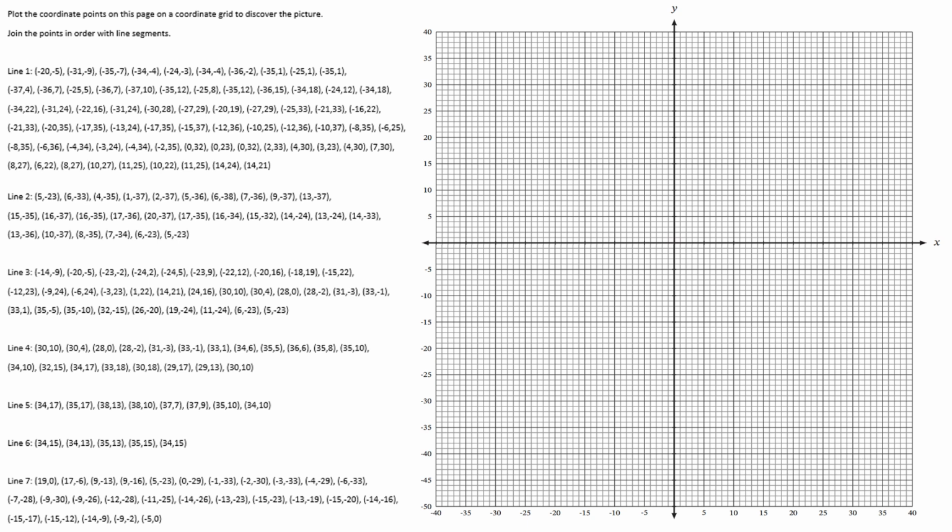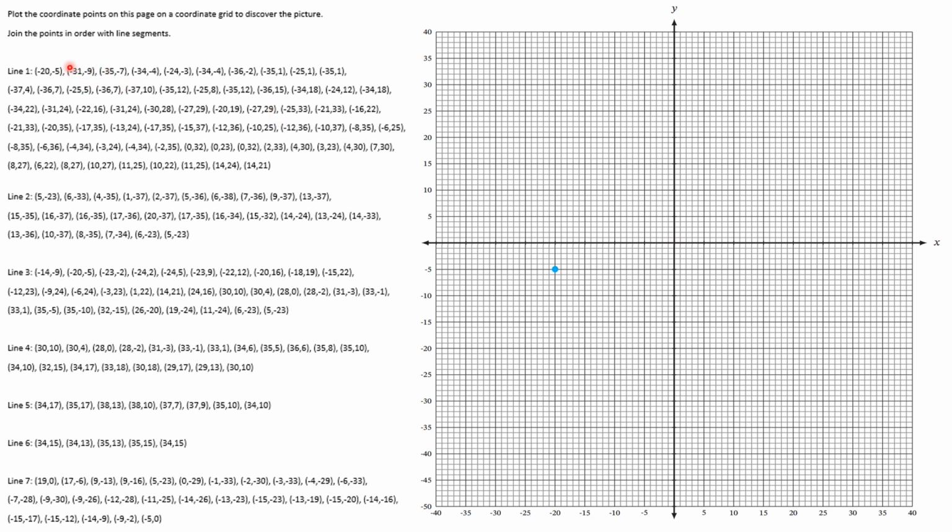Okay, so it looks like it says my first line needs to start at -20, -5. So I need to line up where x is -20 and y is -5, and I need to put a dot there. Right? That dot lines up with -20 for x, -5 for y.